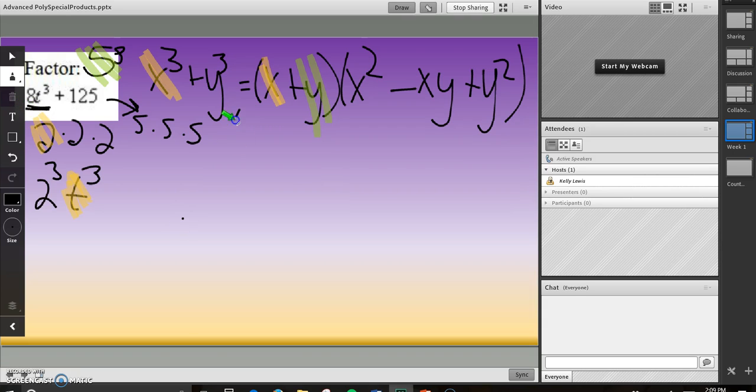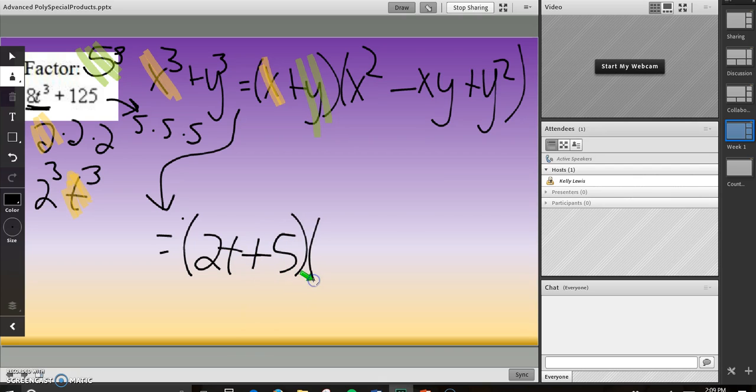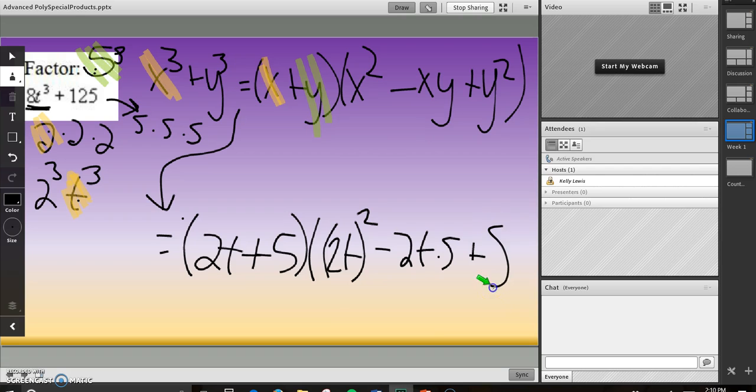All right, so I'm just going to follow this pattern. We're going to take the first thing, which was 2t, plus the second thing, which was 5. Then we do the first thing squared, so 2t squared, minus the two things multiplied, so 2t times 5, plus the second thing squared, so 5 squared.